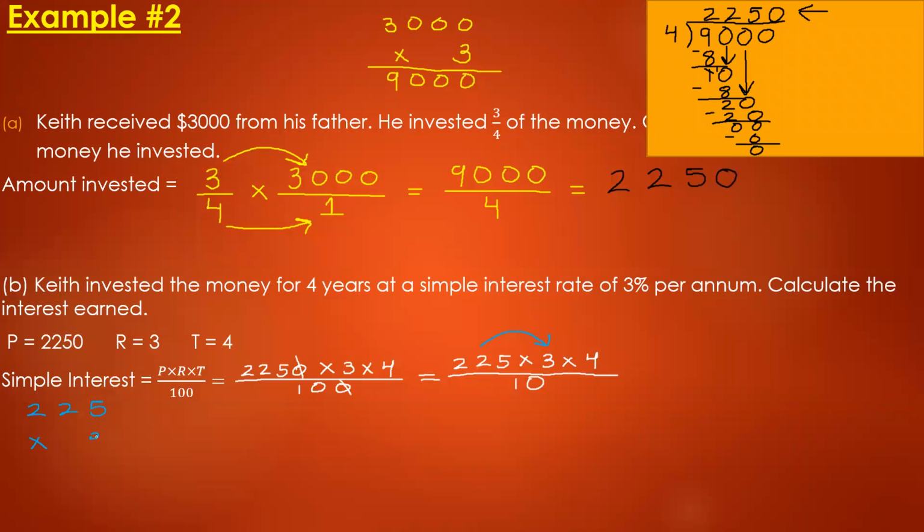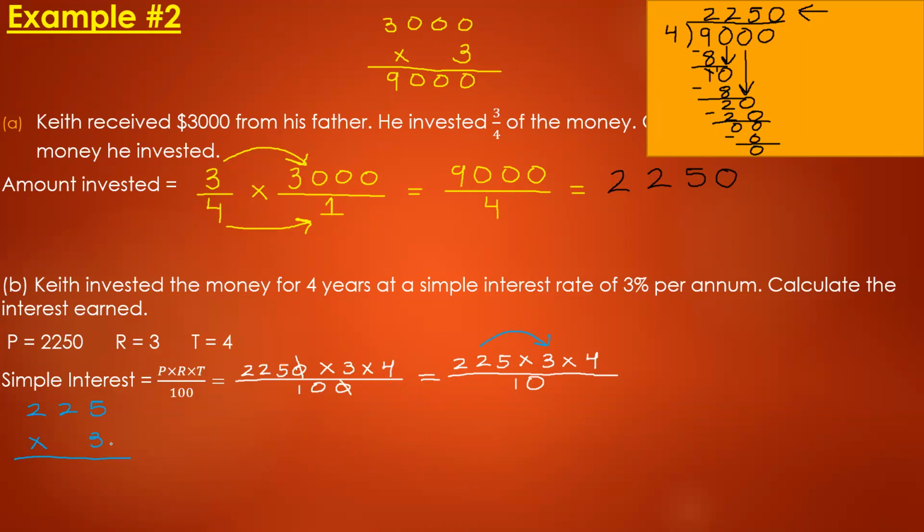Did anyone multiply it yet and get an answer? I got 675. When you multiply by 4, I got 2,700.